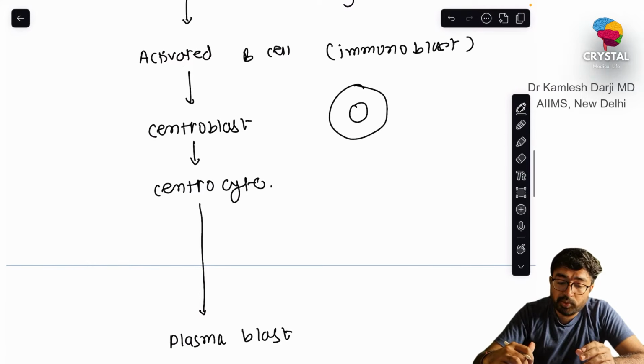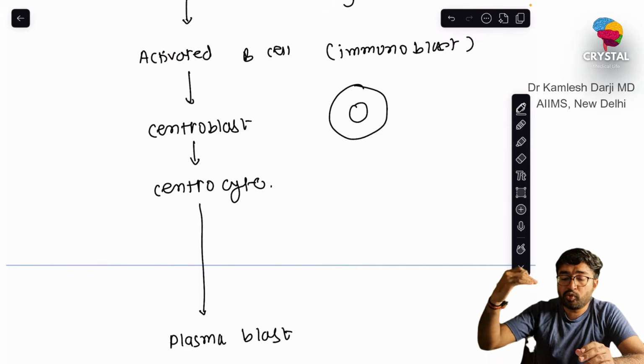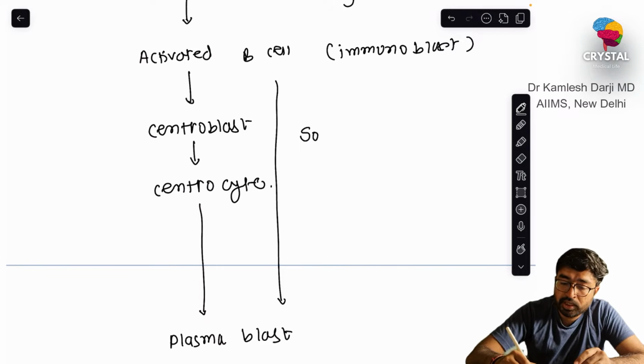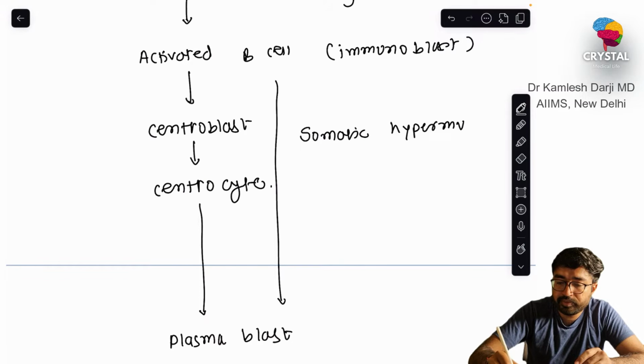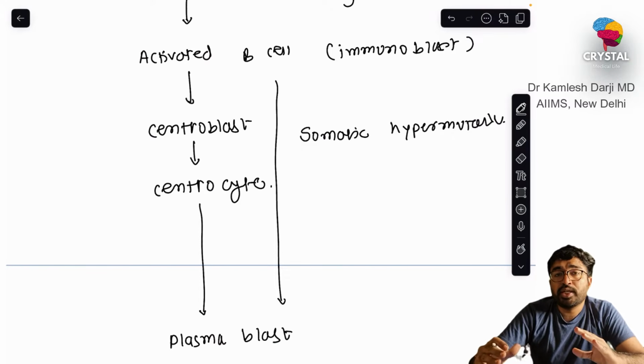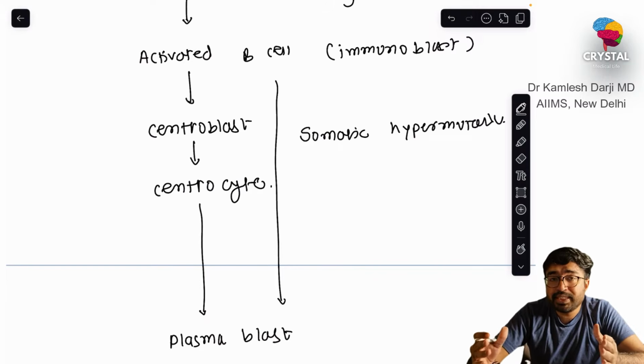During this process, from activated B cells to the plasma blast, there are certain mechanisms which help this entire process. The first one is somatic hypermutation. They will lose the CD19, CD20 receptor molecules, so that plasma cells are devoid of these common B cell markers like 19 and 20.